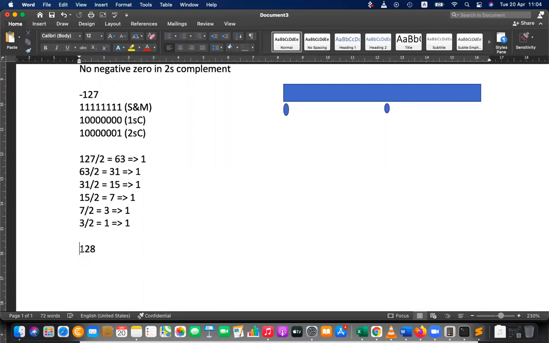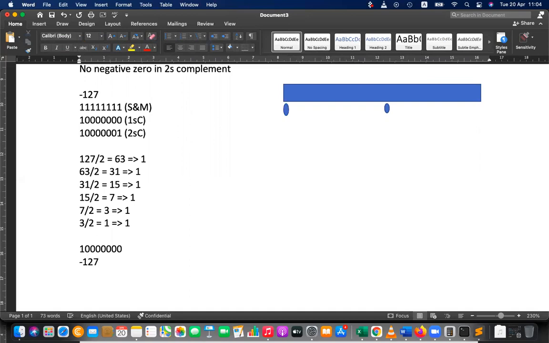But what about 2's complement? You can write this as 1 0 0 0 0 0 0 0. That is 8 bits: 1 2 3 4 5 6 7 8. You just change this to 0. But how do you get the original value of this? You can invert this, and when you invert, you will get minus 127.